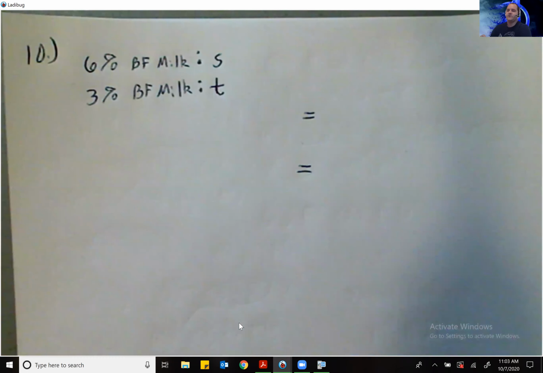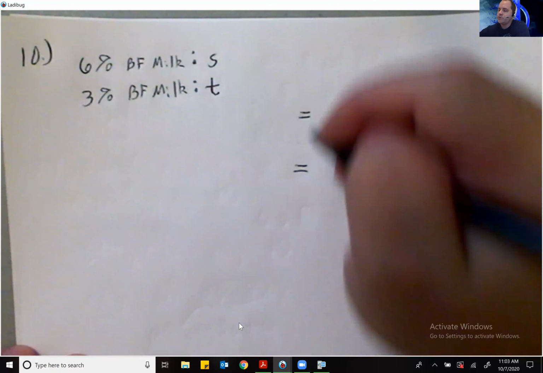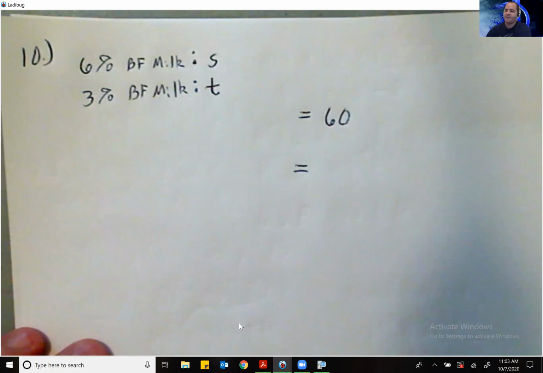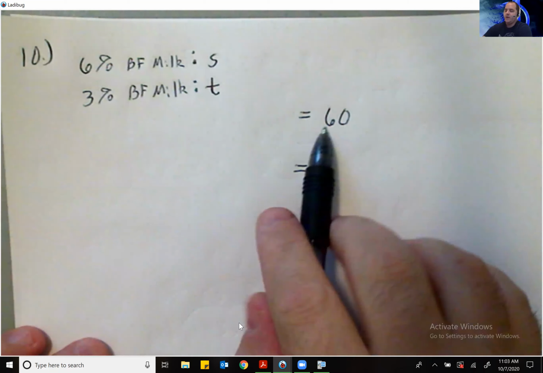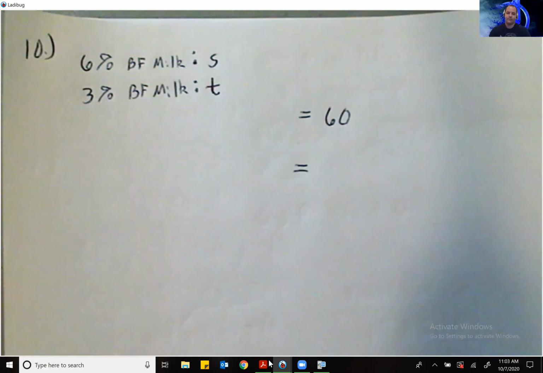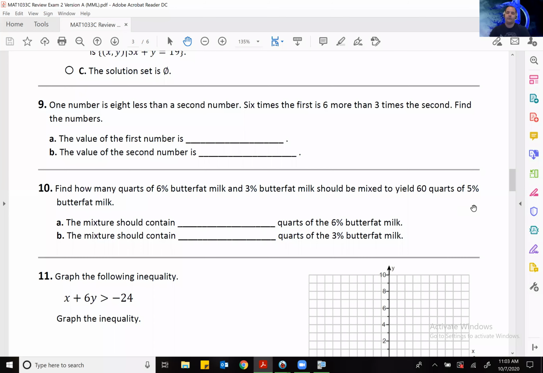Okay. So we already know that one of our totals was 60, or sorry, not percent, 60 quarts. And the other one dealt with the 5%. But remember, when we go into a problem, we can't put in 5%.